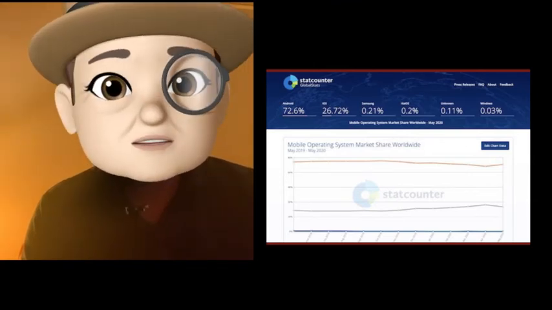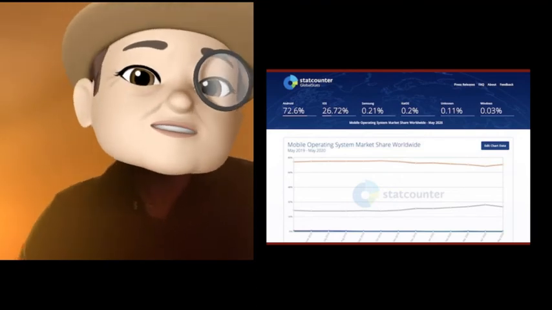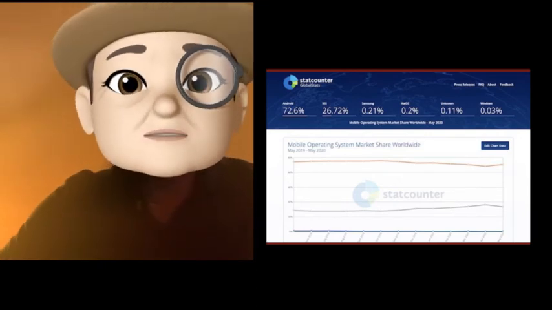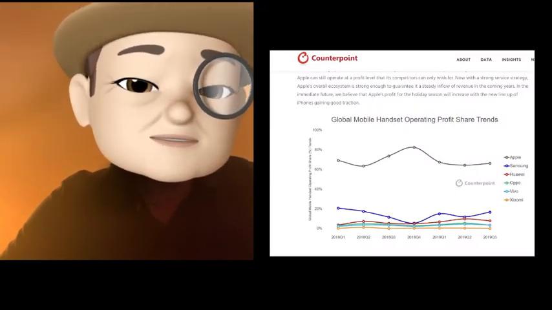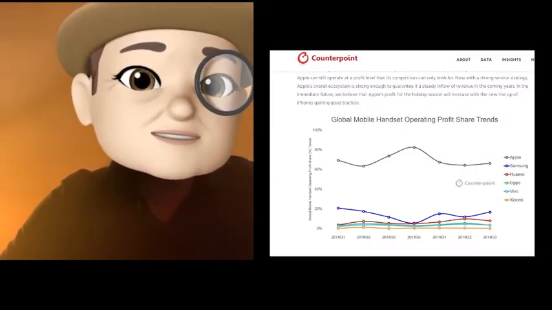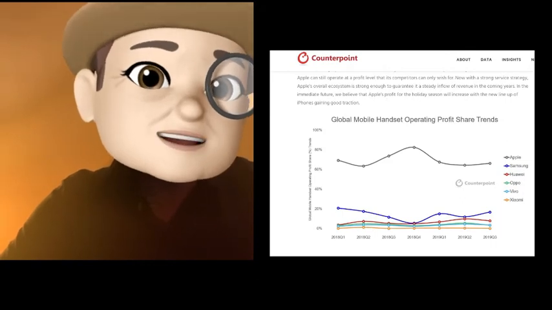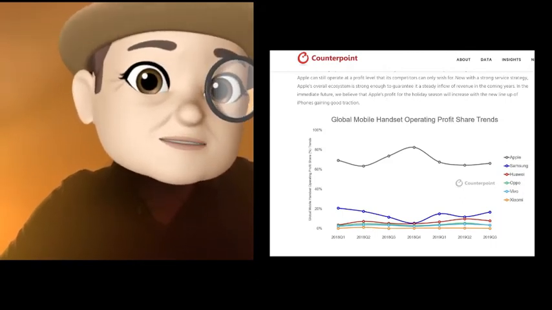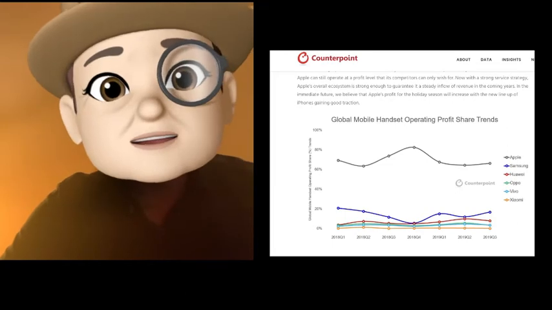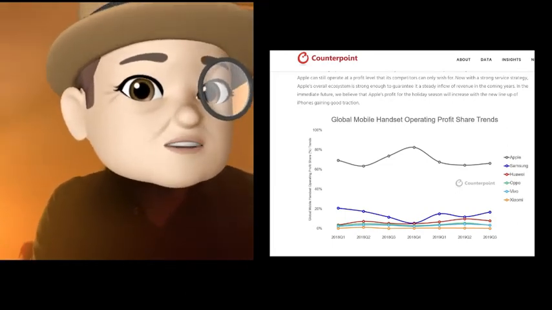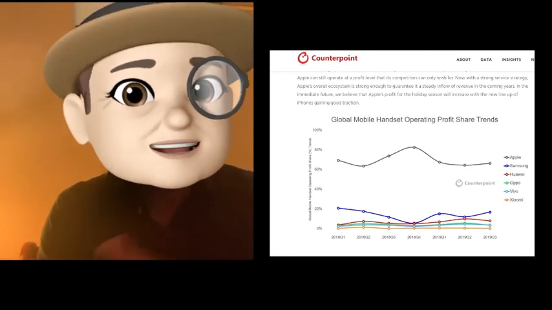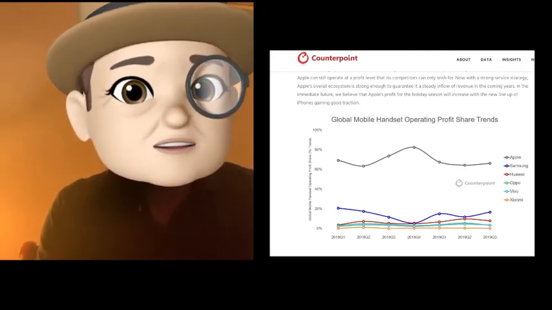Now, one thing that is true is that in terms of profits made in the smartphone market, Apple does have a majority of the profits, but that's because it's making premium phones, and it's making its own chip, and it's integrated. In other words, there's no other company making its device and also the operating system.